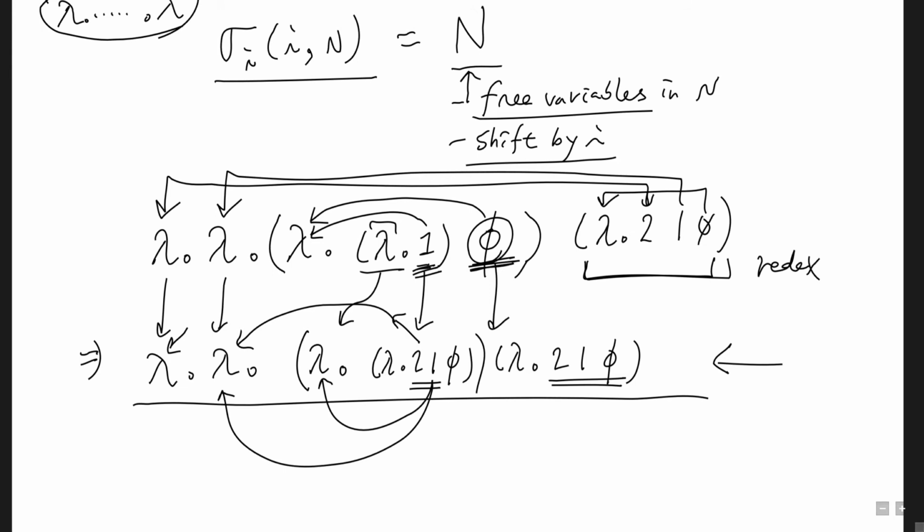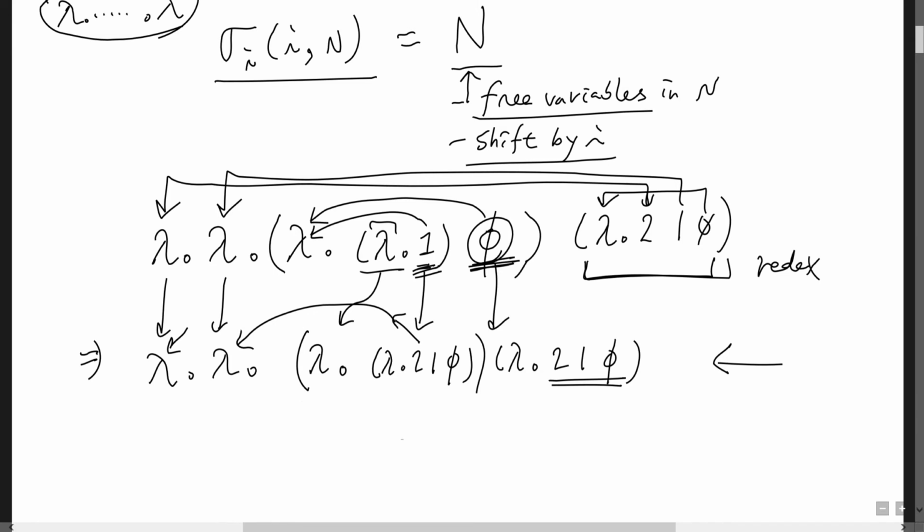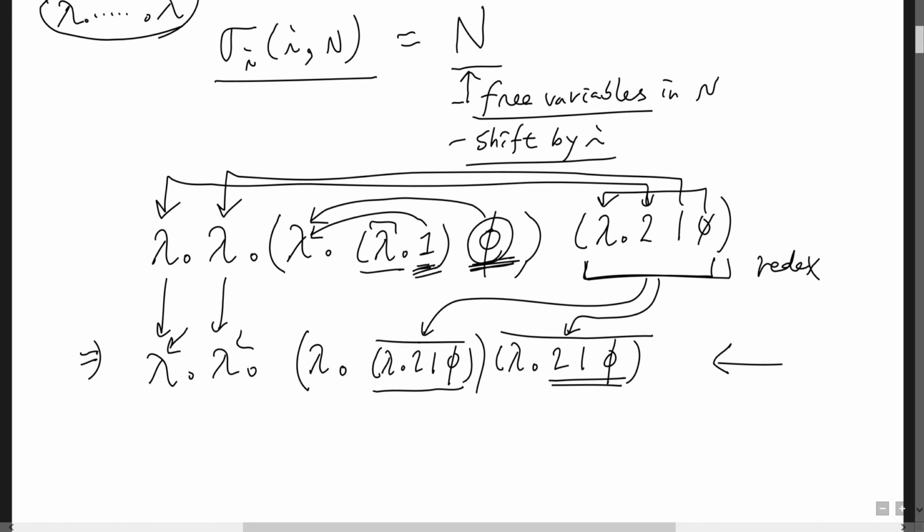So why do we see this wrong result here? The reason is when we make a copy of the argument here, so we make two copies. The first copy, second copy. For the second copy here, it is placed inside this lambda binder. So all free variables here, you have to analyze this expression, and you have to find all free variables, and you have to shift them by 1 because of this lambda binder.